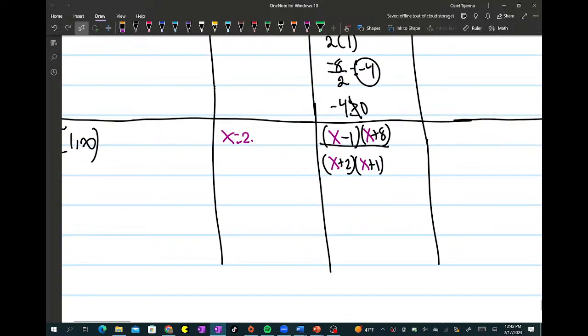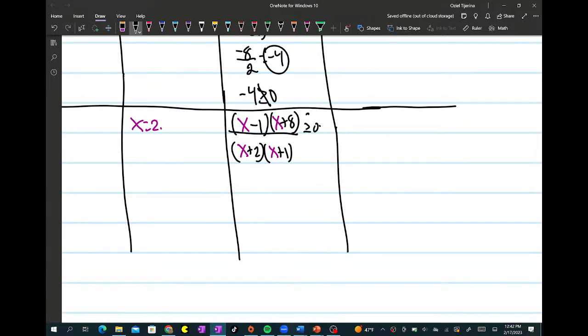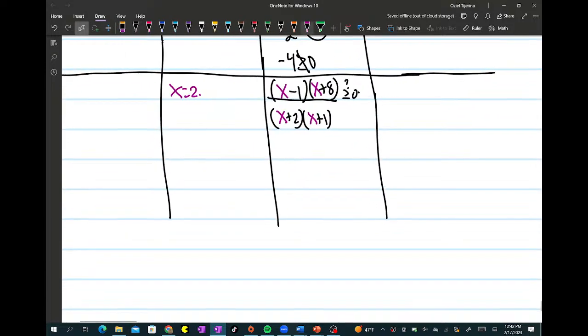And I want to know if this is greater than or equal to 0. So we're going to just plug it in. So 2 minus 1 times 2 plus 8 over 2 plus 2 times 2 plus 1.